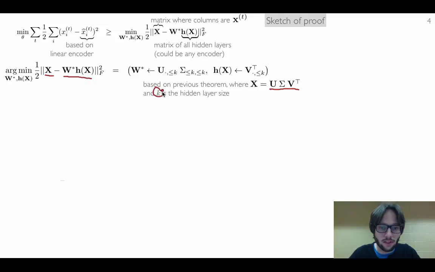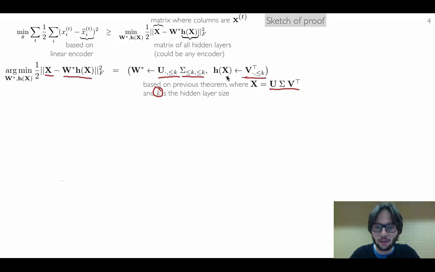If we think of K as being the hidden layer size, the number of hidden units in the encoder, then the previous theorem tells us that a solution would be to have W star be equal to the part of the U matrix that considers only the first K columns times the submatrix in sigma that considers only the first K rows and columns, and then H of X could be the rest of the expression.